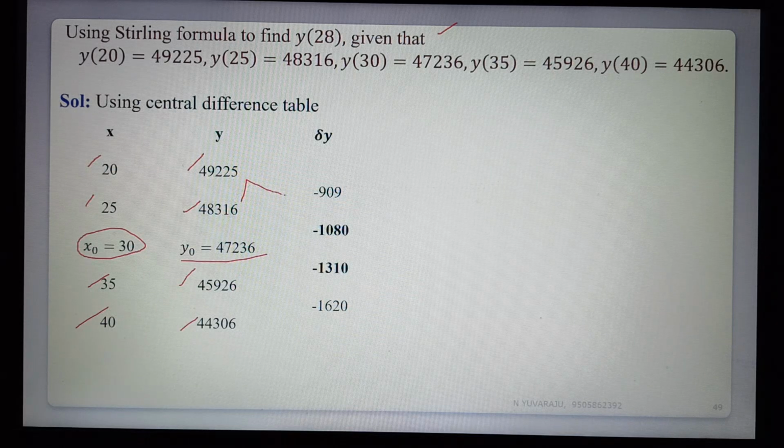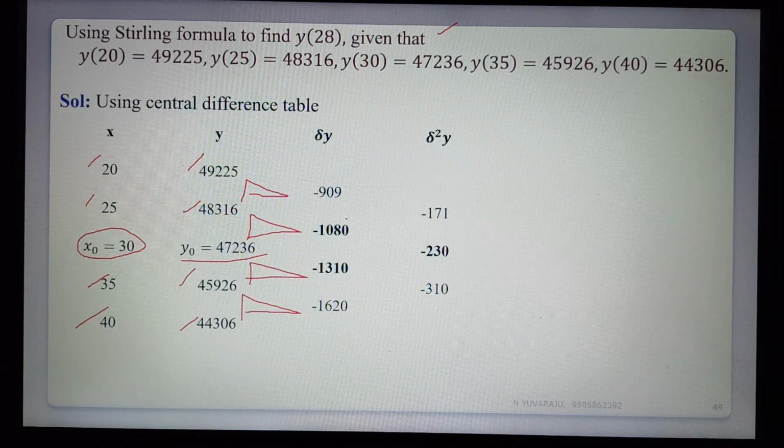So this minus this one is equal to minus 901, and this minus this one minus 1080, and this minus this one is equal to minus 1310, and this minus this one is equal to minus 1620. Next the second order: this minus this one is equal to minus 171, this minus this one is equal to minus 230, and this minus this one minus 310.